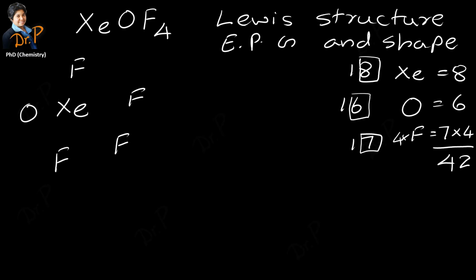Then we can connect each atom with the central atom with a pair of electrons. So I'm going to use 1, 2, 3, 4, 5, 6, 7, 8, 9, 10 valence electrons from these 42 valence electrons.